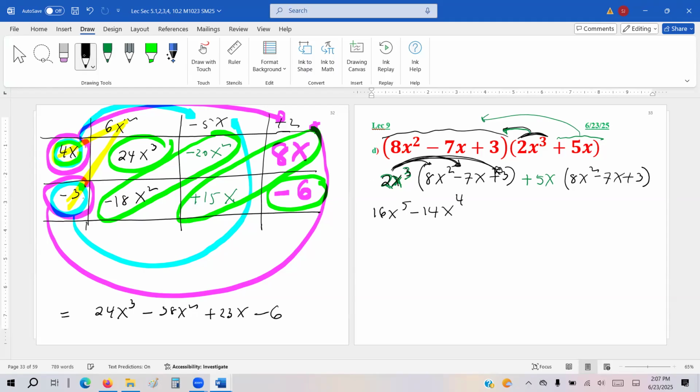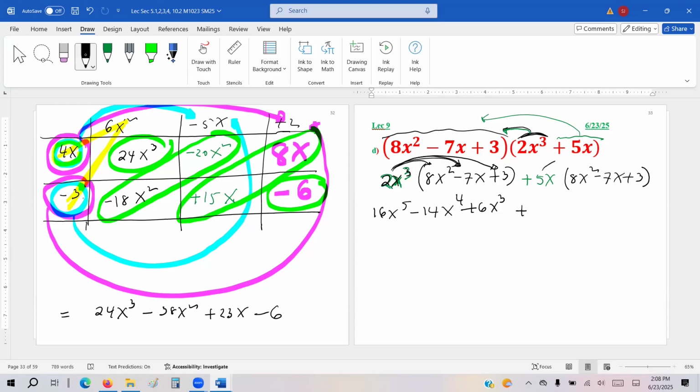The last one, plus 6x to the third. So in multiplication, we multiply the numbers, and for variables, we add their powers.